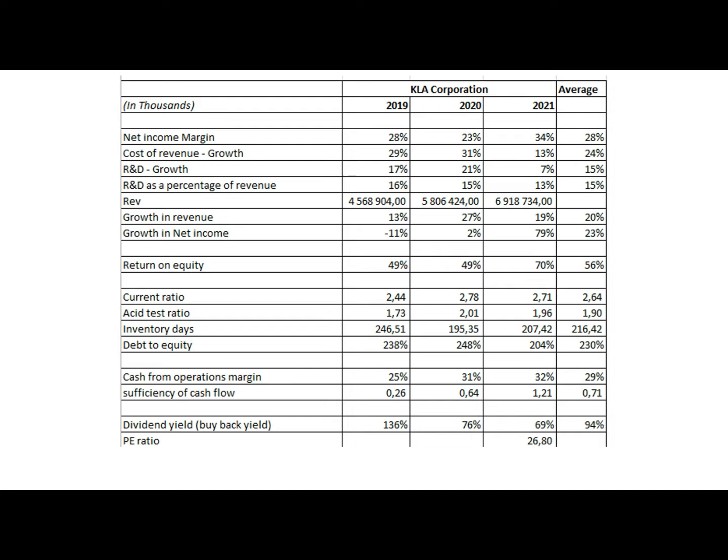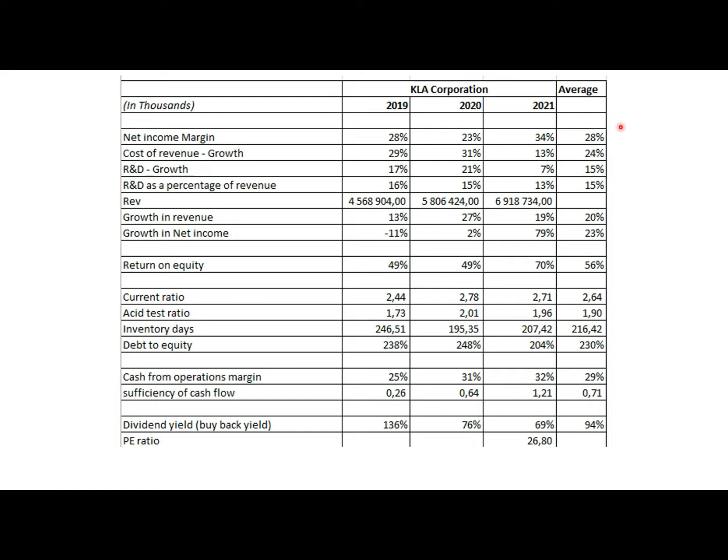All right, let's look at the financial performance of KLA. Pretty stable-ish margins. They have been impressive, but they have dipped in 2020. But you have seen a massive, I mean, absolutely massive rebound in 2021.